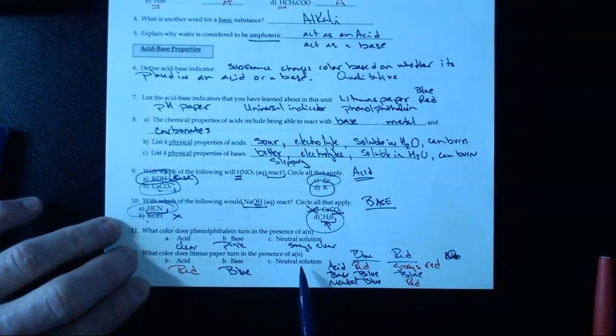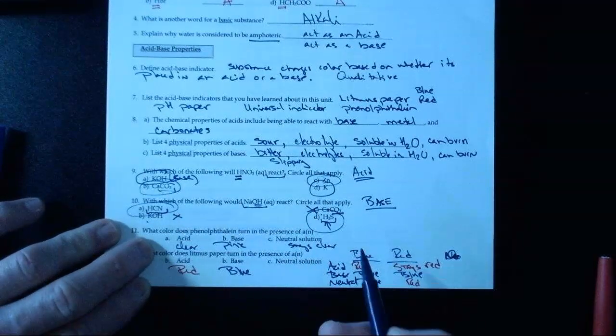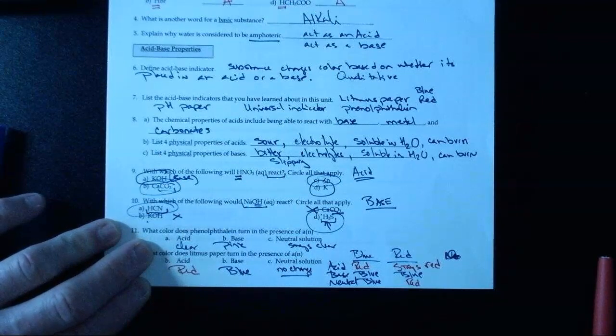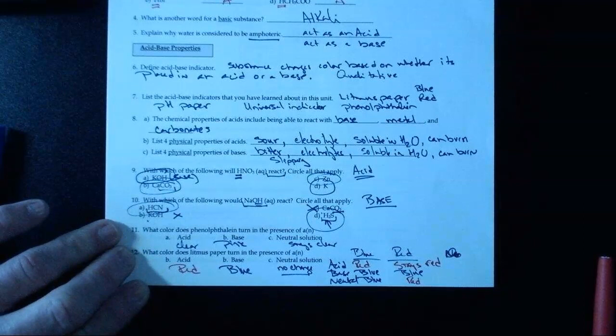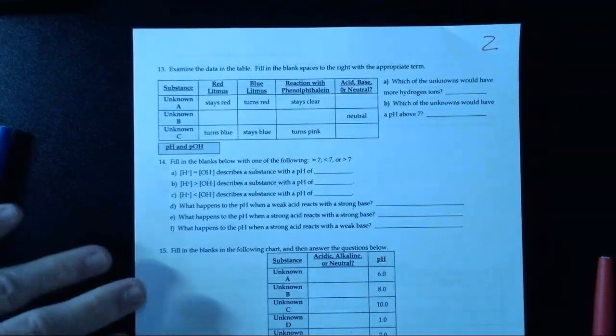And in a neutral solution, the blue litmus paper stays blue, the red litmus paper stays red. So I'm going to write here that there's no change. In a neutral solution, you will not see a change with litmus paper. All right, presto changeo, next page.